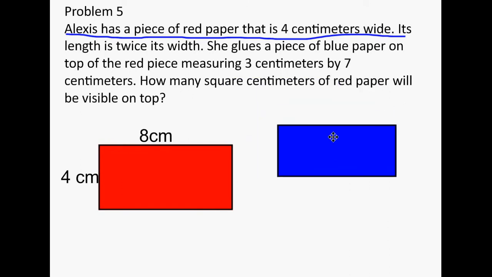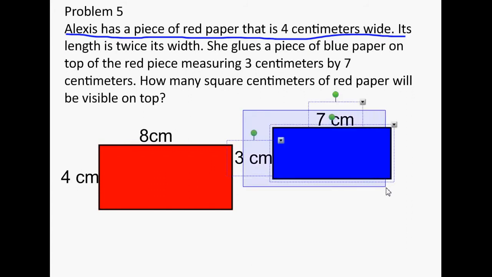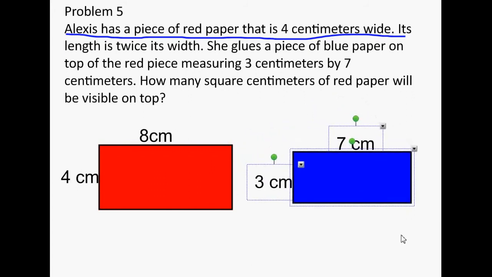Well, let's see how big this blue paper is. This one says 3 centimeters by 7. So let's do 3 by 7. All right, so here we go. Here is the blue paper.